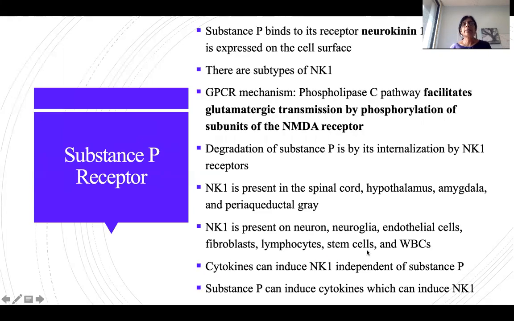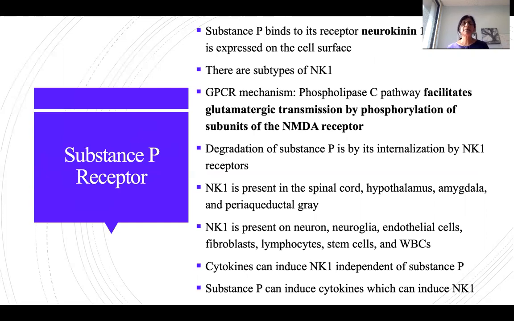Now substance P binds to a receptor called neurokinin 1, NK1, which is expressed on the cell surface. You know why? Because substance P cannot make its way into the cell.